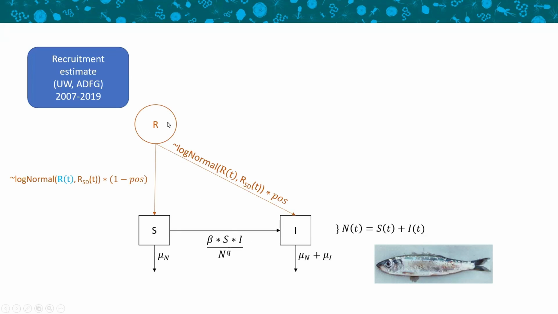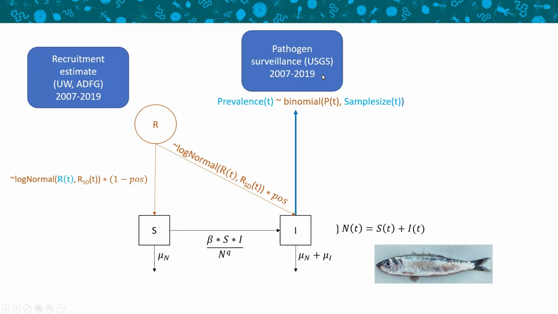And we have some kind of recruitment. So every year we have susceptibles recruiting into the population and infected individuals recruiting. And the difference between the number that are susceptible and infected should be reflected from our pathogen surveillance data.